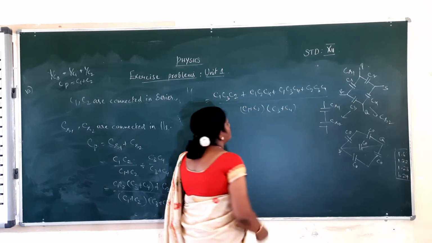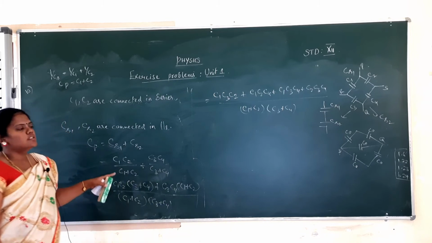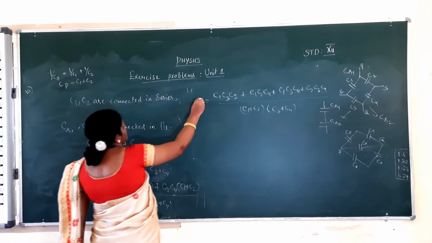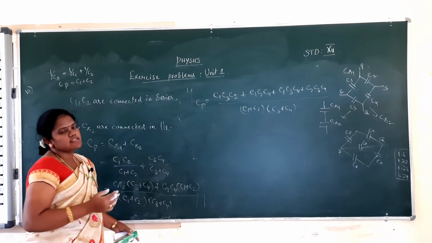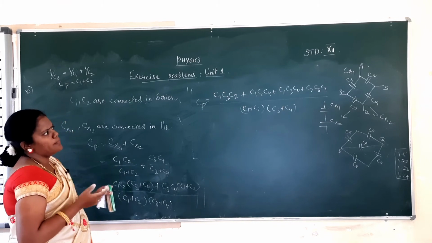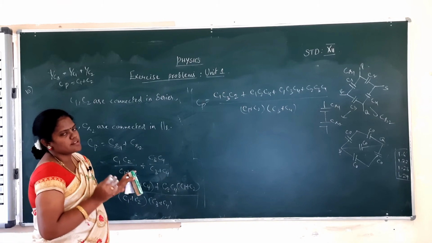That is the final answer, the effective capacitance for the fourth diagram. Cp is equal to this. This is the answer in your book. You only have to go up to this term. You do not need to derive further, but this is the final answer.